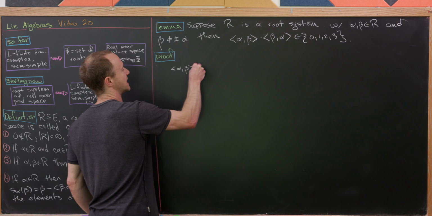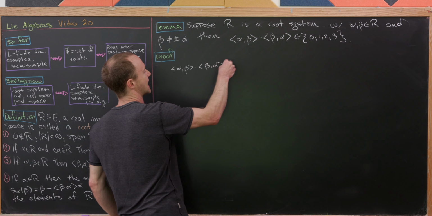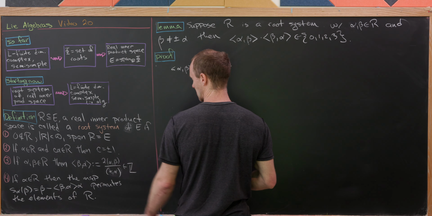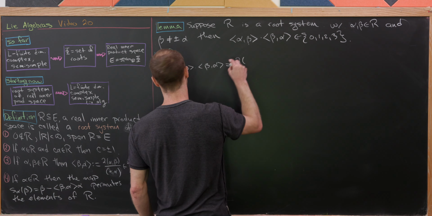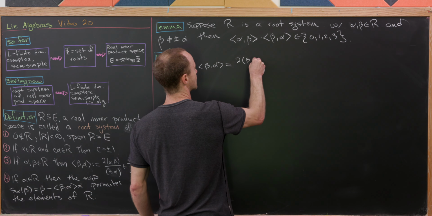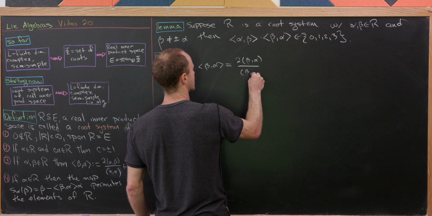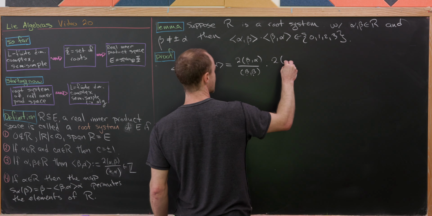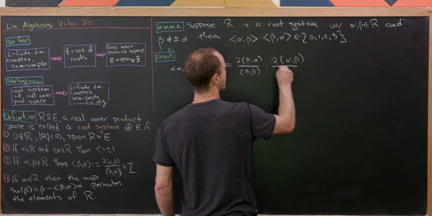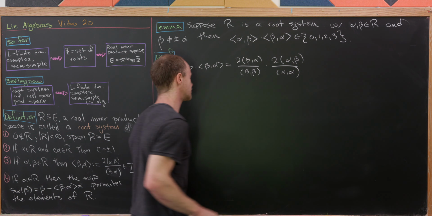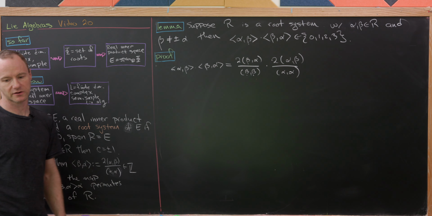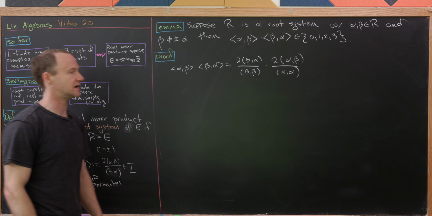So we have angle bracket alpha beta times angle bracket beta alpha. So what's that going to be? Well, I'm going to use this definition down here. So this is going to give us 2 times the inner product of beta alpha over the inner product of beta beta, times 2 times the inner product of alpha beta over the inner product of alpha alpha. So I just used this definition down here for our angle bracket bilinear form 2 times.